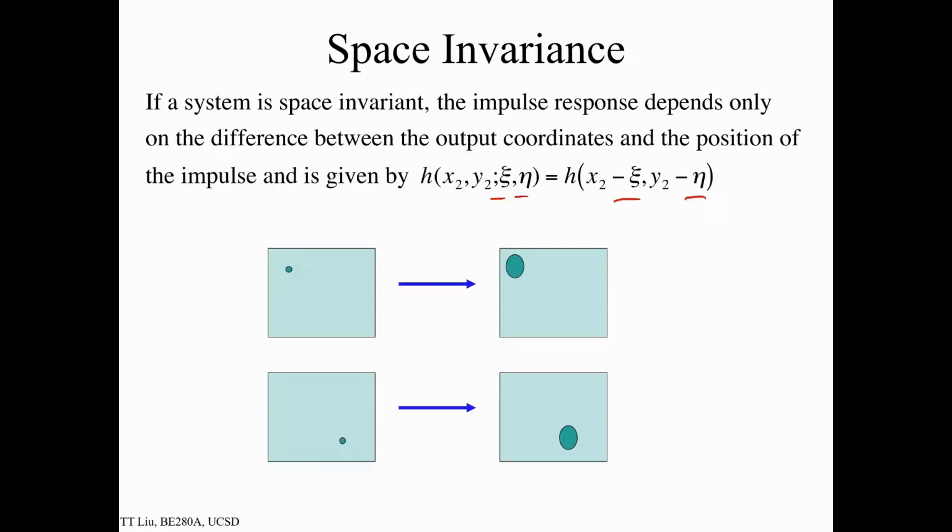This is an example here below where we have an impulse response and its corresponding response function. And here we've shifted the delta function down here. If it's a shift invariant system, then we simply shift the impulse response down to here, and everything else is the same. It's simply a shifted version of the original impulse response.